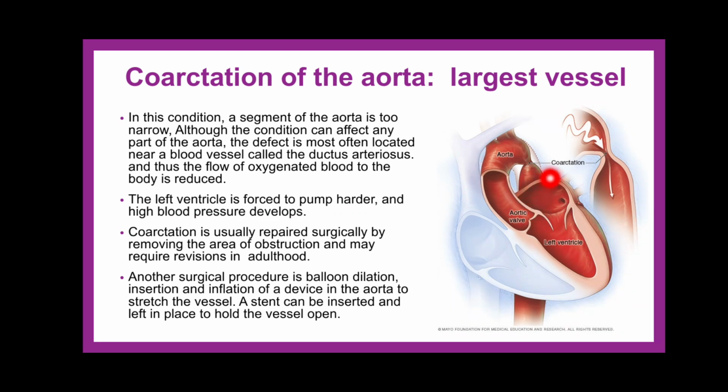And what is the remedy for this coarctation of aorta? We will see simultaneously. This is usually repaired surgically by removing an area of obstruction and may require revision in adulthood. We can remove the area of obstruction, or we can go for some surgical procedure, like in the earlier video we have seen in diagnosis.